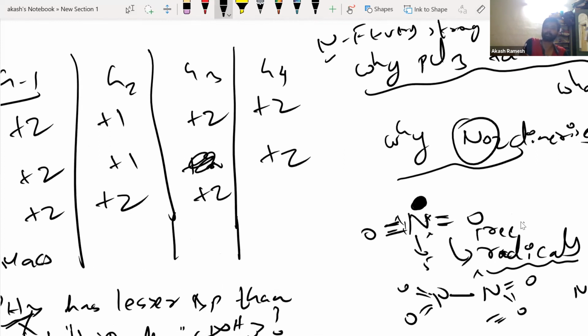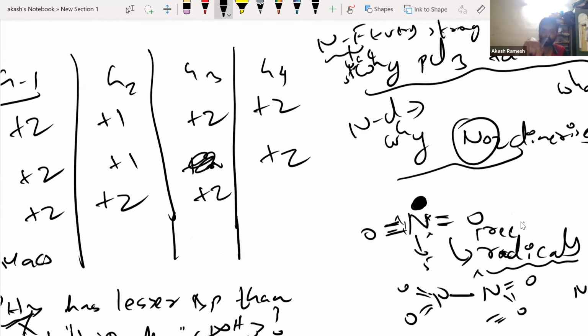Since the bond is very strong, in the sense that the bond is very stable, once the bond is formed, a huge amount of energy is released. We generally know that when bond breaking happens, energy is absorbed. When a bond is formed, energy is released. Now, when the N-Cl bond is formed, energy would also have been released.